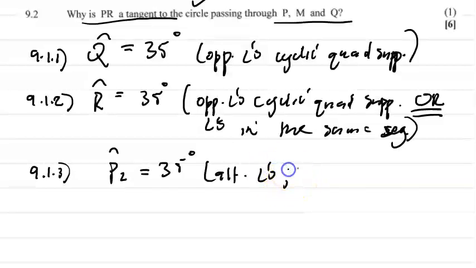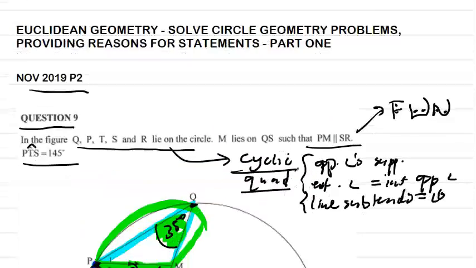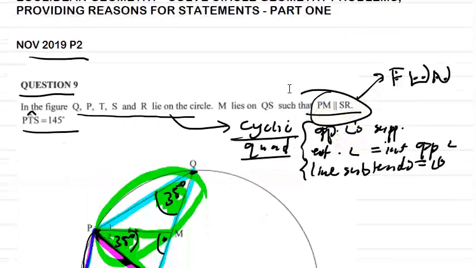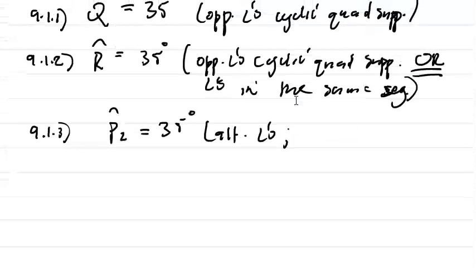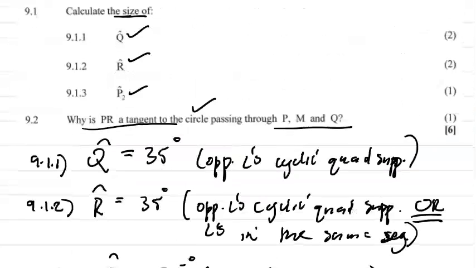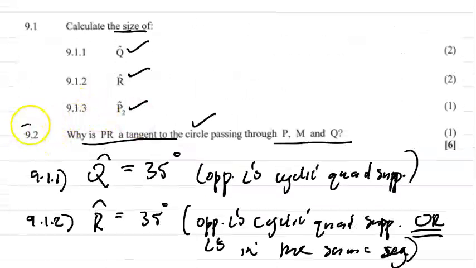Alternate angles, and that is because we were given, always state the pair of parallel lines that you were given. PM is parallel to SR, so we'll write that down. PM is parallel to SR.